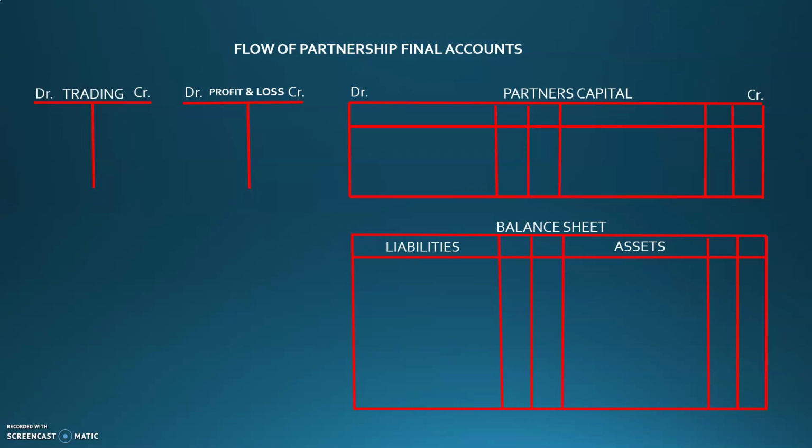I have very quickly put up this particular PowerPoint presentation for you. So in trading account, the answer that you get which is similar to 11th standard is called as gross profit.